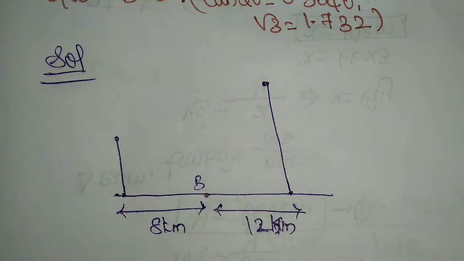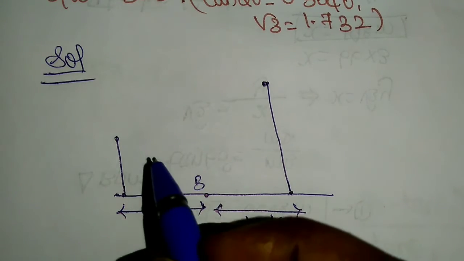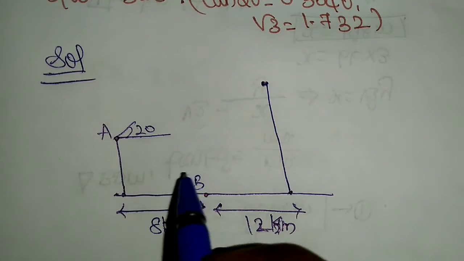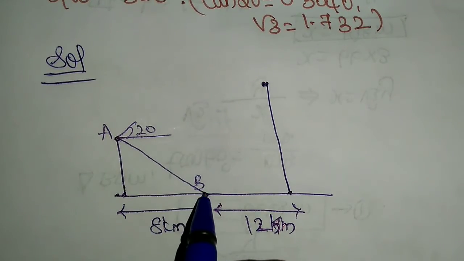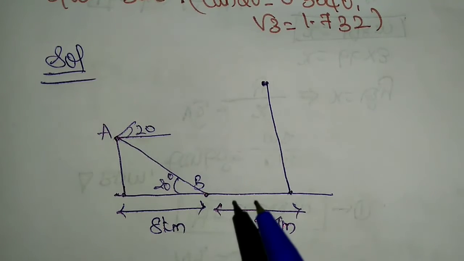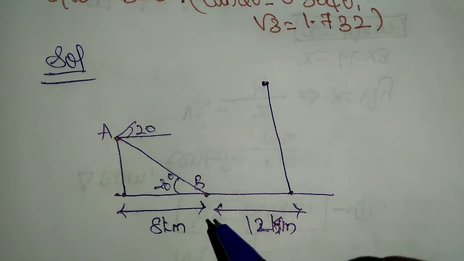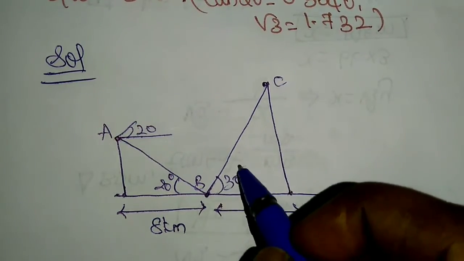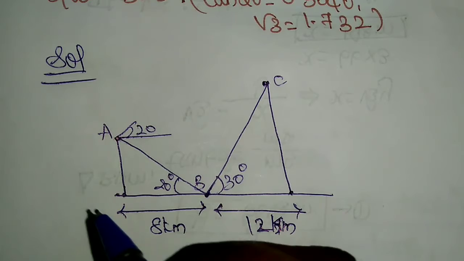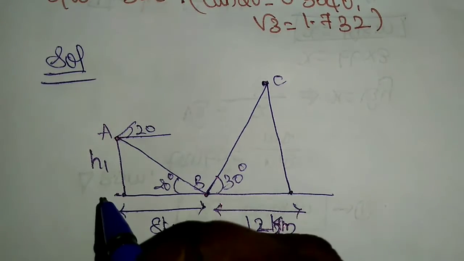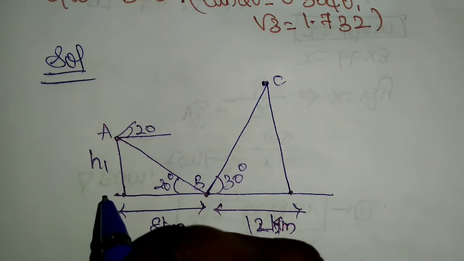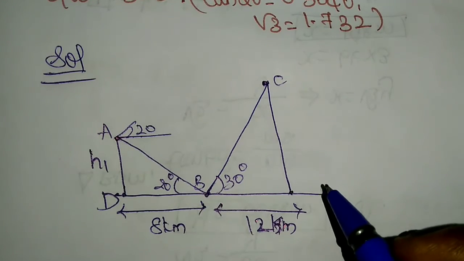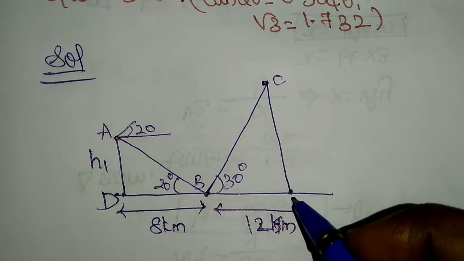Okay. So the angle of depression from point A is 20 degree and the angle of elevation from point B to C is 30 degree. Okay. So we have to find the vertical height between A and B and B and C. Okay.